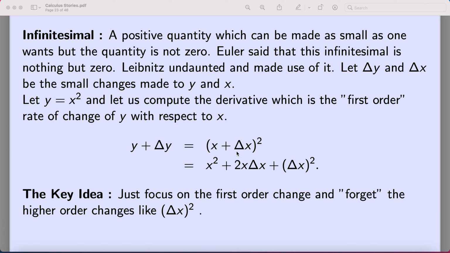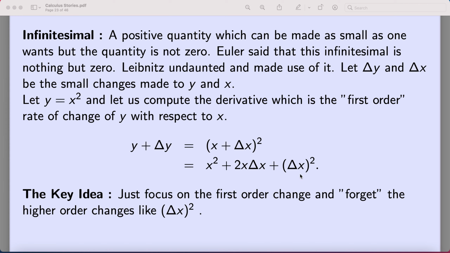For example, if you take a number between 0 and 1, the square of that number is smaller than the original number, the cube is further smaller than the square, and so forth. So the smaller the number you take, the squares and cubes and fourth and fifth powers all become so small that they gradually become negligible as you make the original number smaller and smaller.